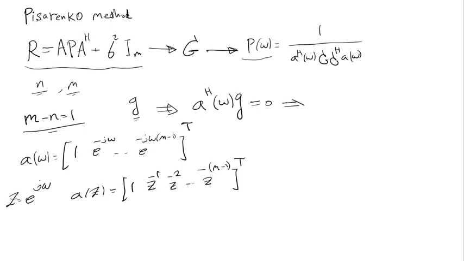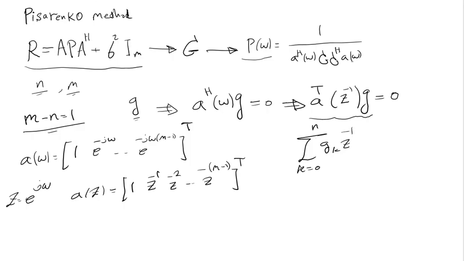So I can write this A Hermitian G as A(z to the minus 1) transpose G equals 0. This gives me a polynomial. I can write it as the sum over k equals 0 to m minus 1 of g_k z to the minus k equals 0.